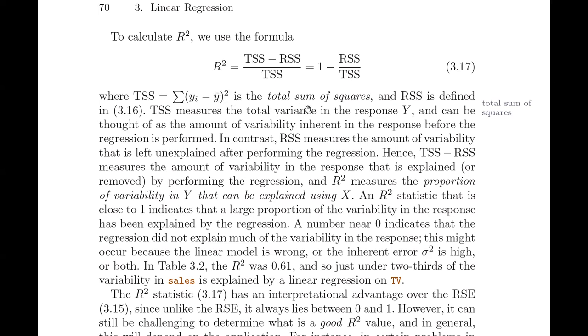It is the total sum of squares. And RSS is defined in 3.16. That's just the residual sum of squares. TSS measures the total variance in the response Y and can be thought of as the amount of variability inherent in the response before the regression is performed.